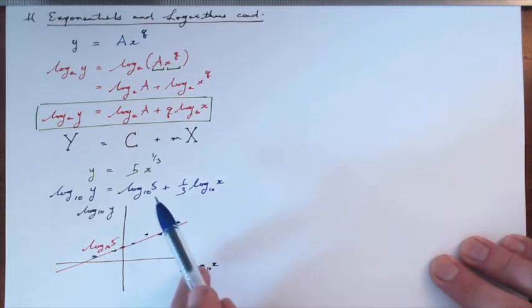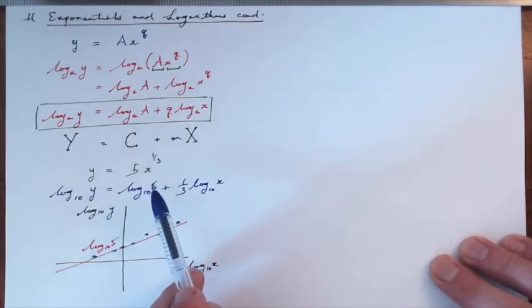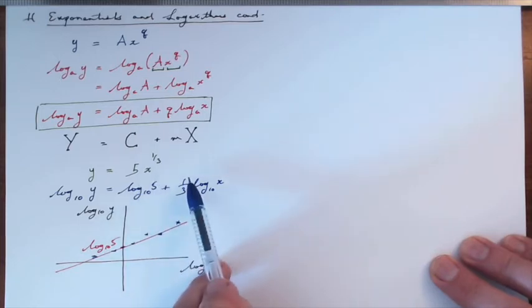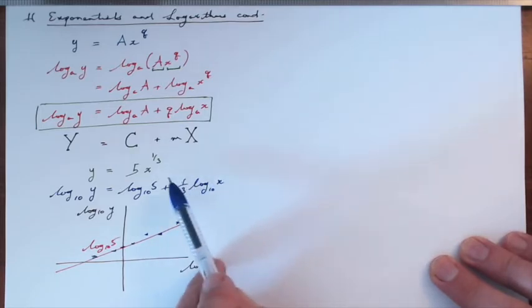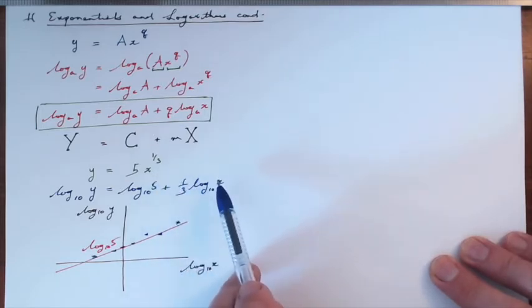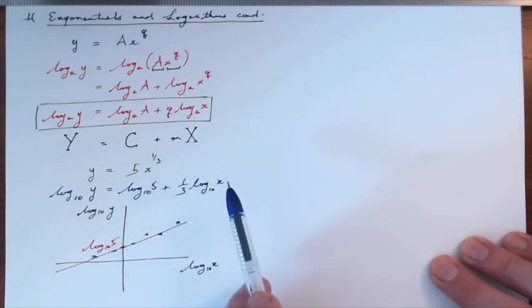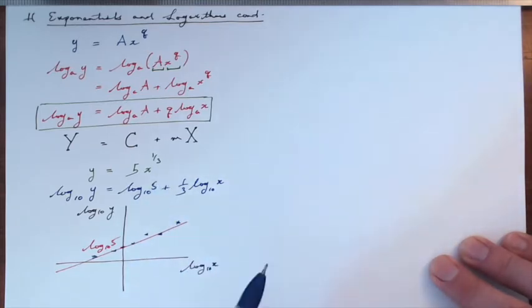So just to give you an example, if you were measuring the force between two masses as a function of distance, then you would very likely find that that force goes as 1 over the square of the distance, because that's the law of gravitation. It's also the law of electric fields. So gravitation and electromagnetism satisfy power laws.